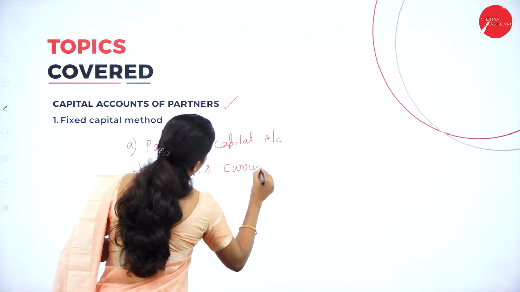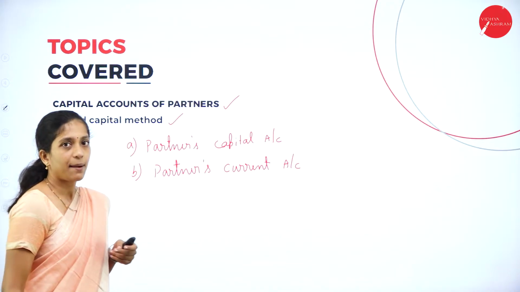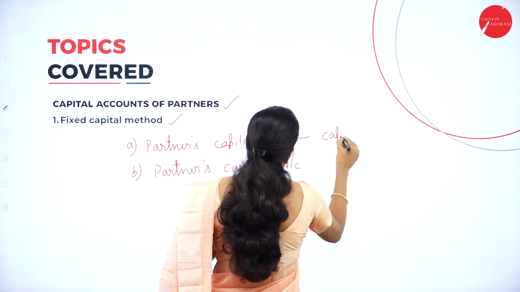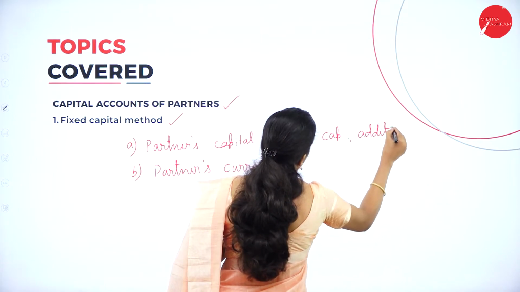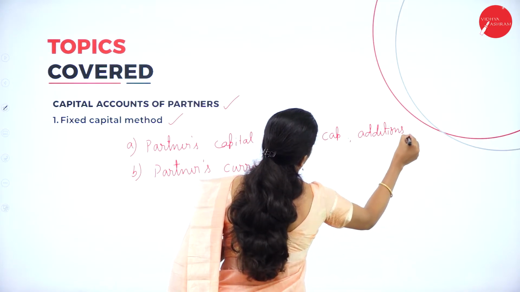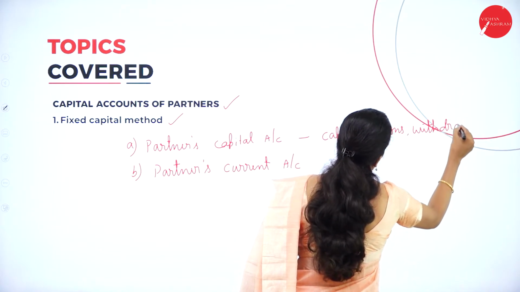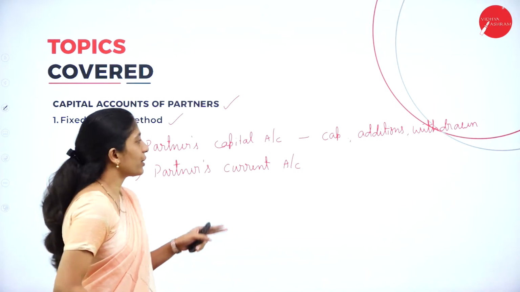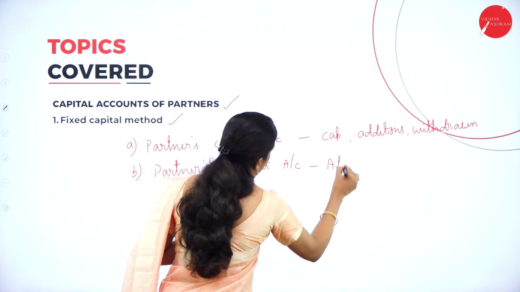Now what are we going to record under partners capital account? We will record the capital of the partner, and if there are any additions, that will be recorded, and if any amount is withdrawn, that will be recorded under partners capital account. Then what are we going to record under partners current account? All other items.